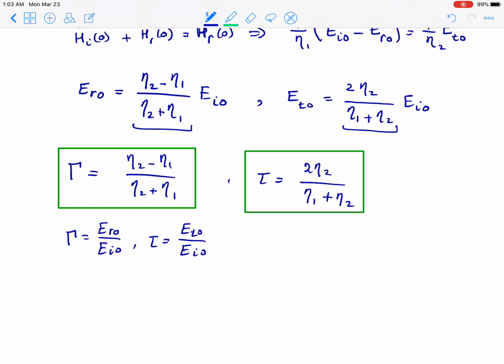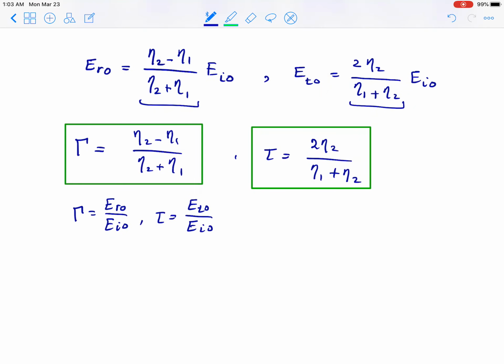So the notion of dividing the electric field into two components, or expressing the reflected field in terms of the incident field using the reflection coefficient, is very common in all electromagnetic problems.